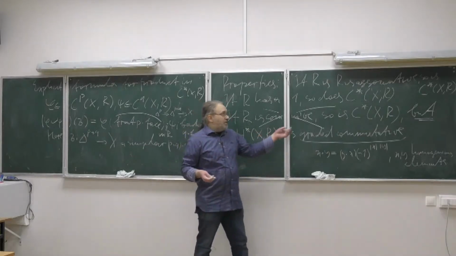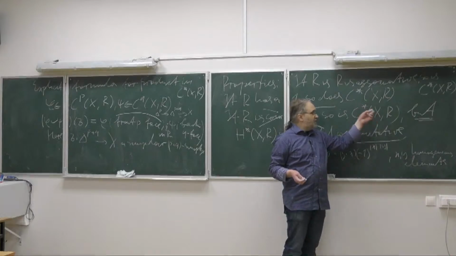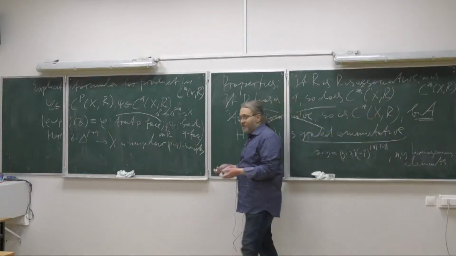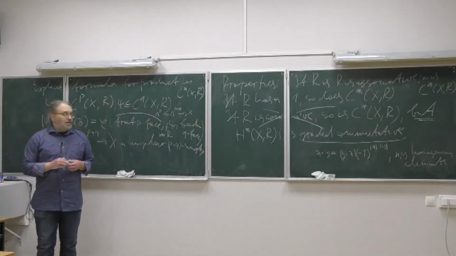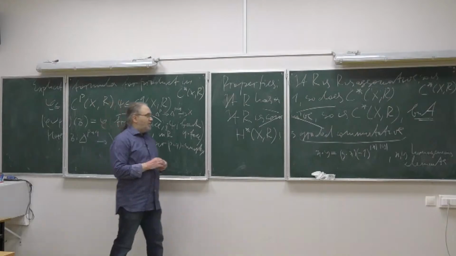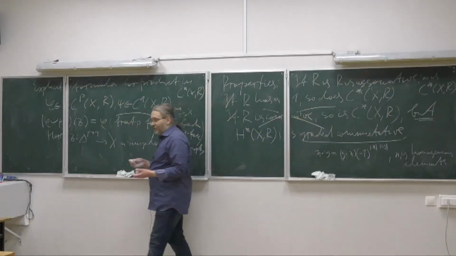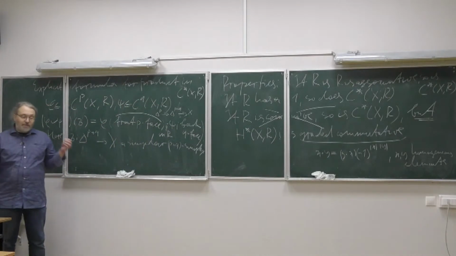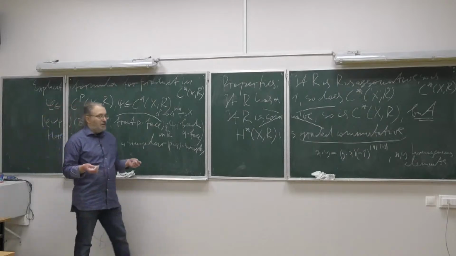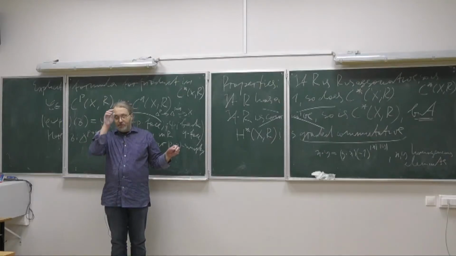And so on. So the fact that C upper star is not strictly commutative, at least in general, is something which is responsible for many complicated questions in algebraic topology.